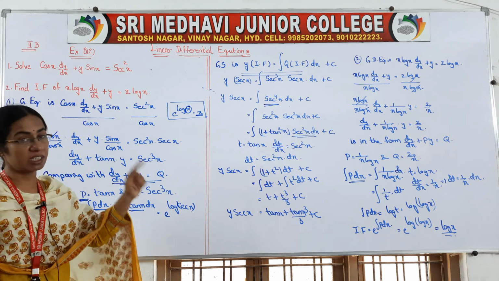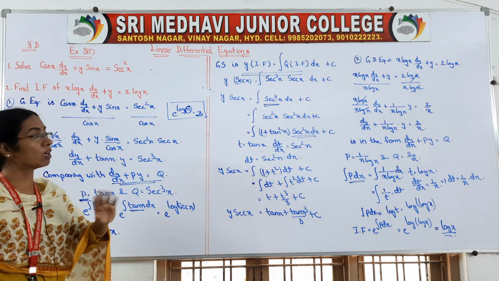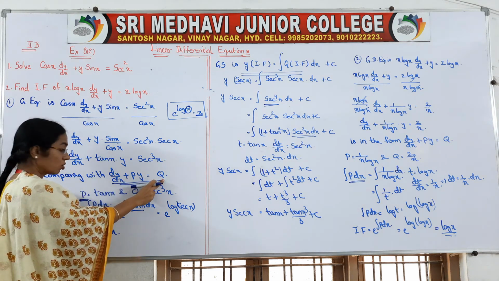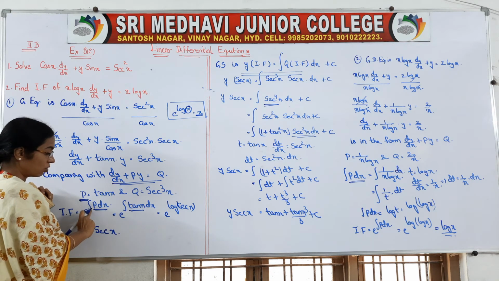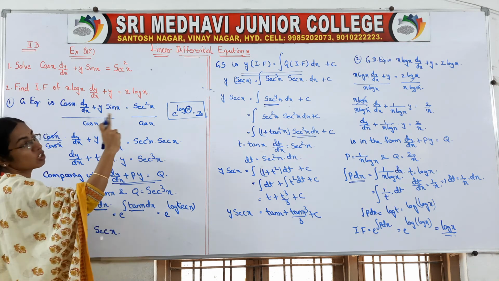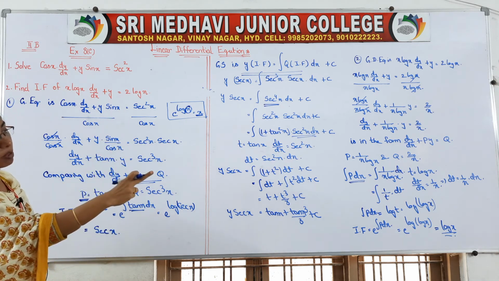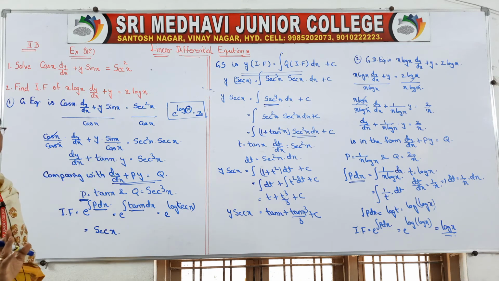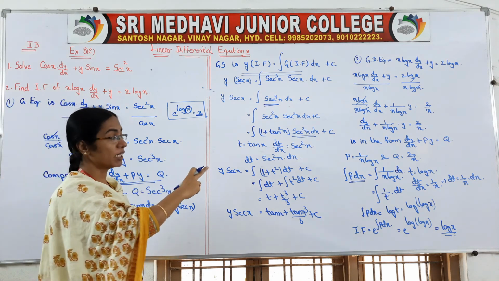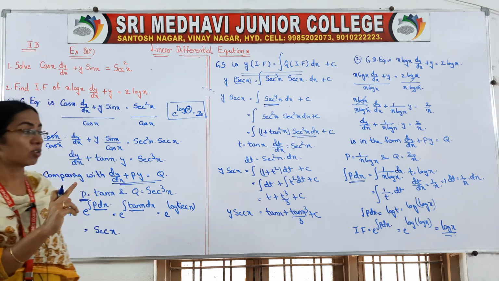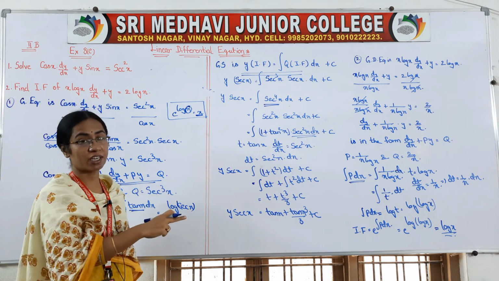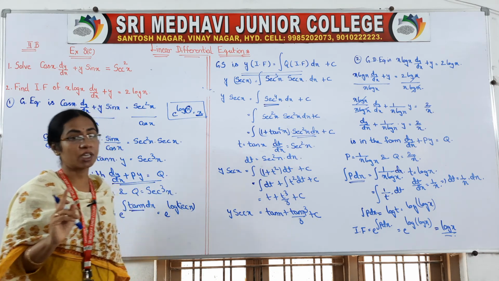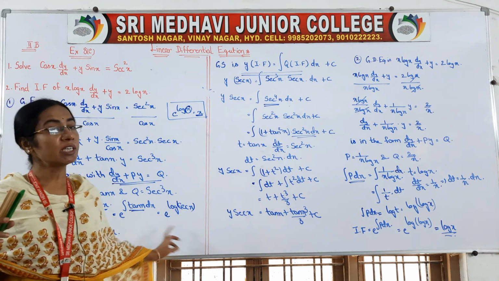But in this class, both problems are of the same first standard form, dy by dx plus py is equal to q. So the integrating factor is e to the power of integral p dx, and then the general solution. Same for the second problem also. If you observe, it is of the form dy by dx plus py is equal to q. So you find integral p dx, and once you have it, you find the integrating factor as e to the power of integral p dx.